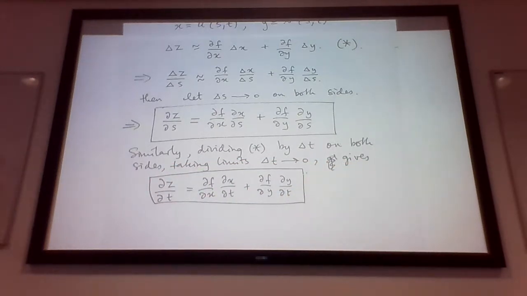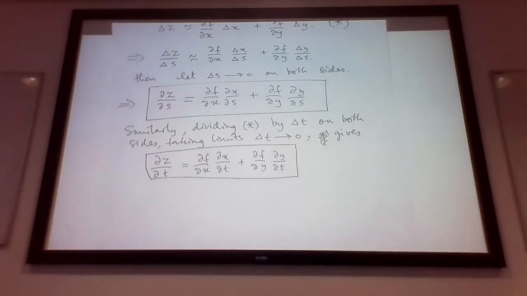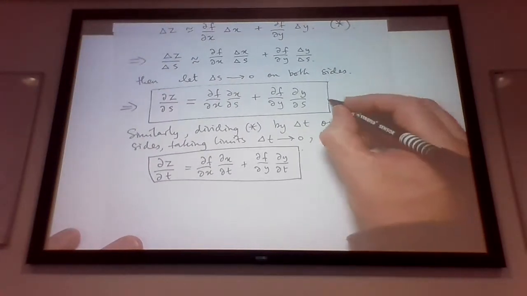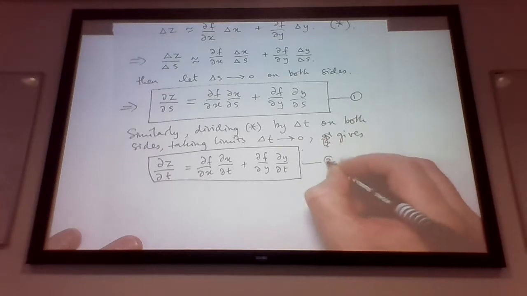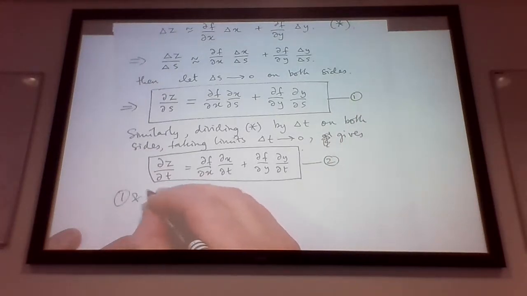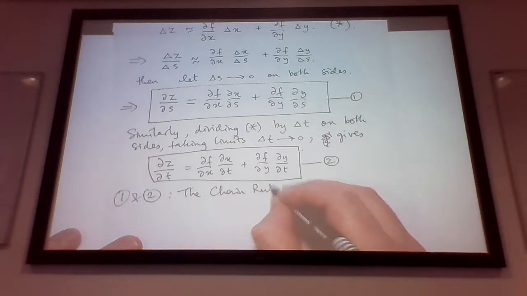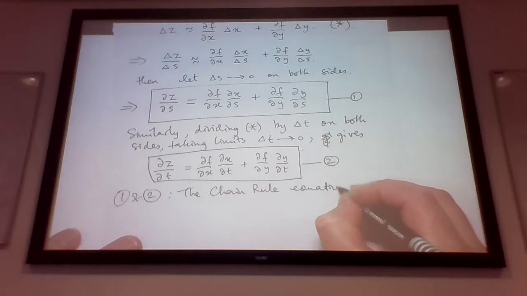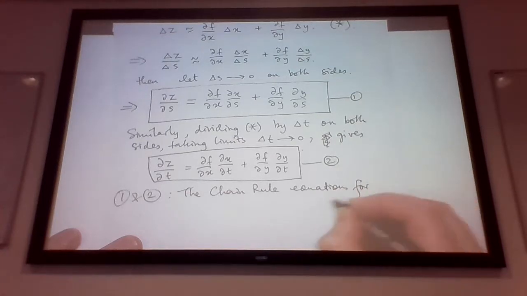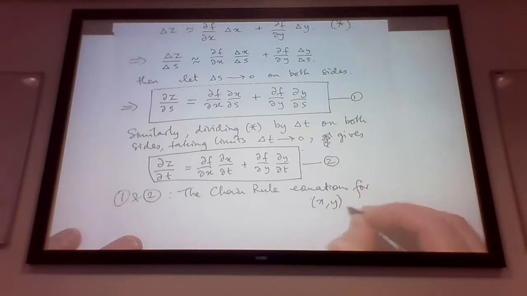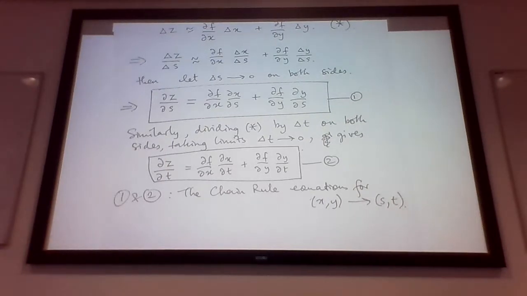That's the second of the two chain rule equations for this two variable system. So 1 and 2 are the chain rule equations for this system where you've got an old pair of coordinates x, y changing to a new pair of coordinates s and t.